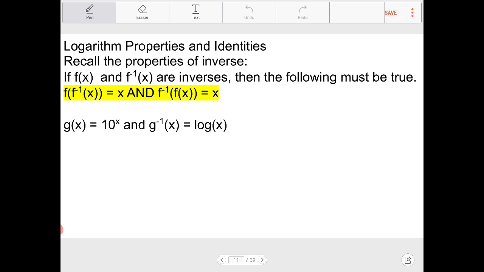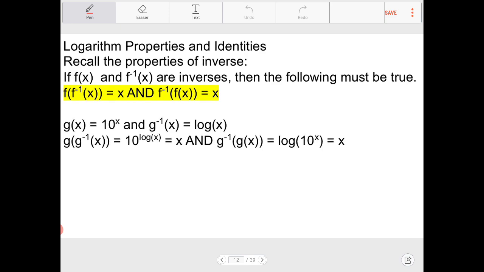Well, suppose g of x is equal to 10 to the x, and g inverse of x is log of x, which we now know to be the case, that the log of x is the inverse of 10 to the x. Then the following must be true. You take g, and wherever you see x, you replace it with log of x, and hence we will end up with 10 to the power of log x.